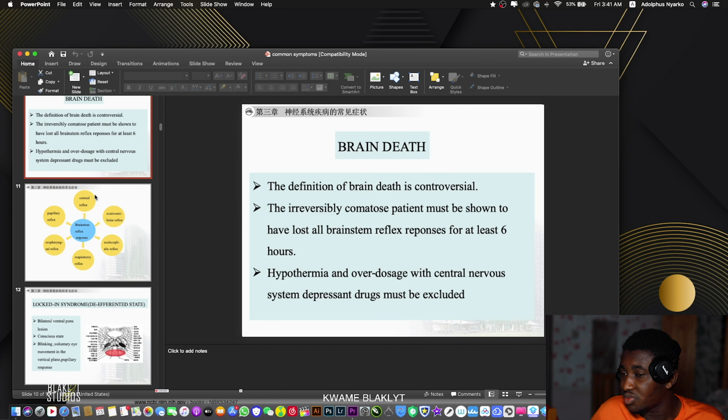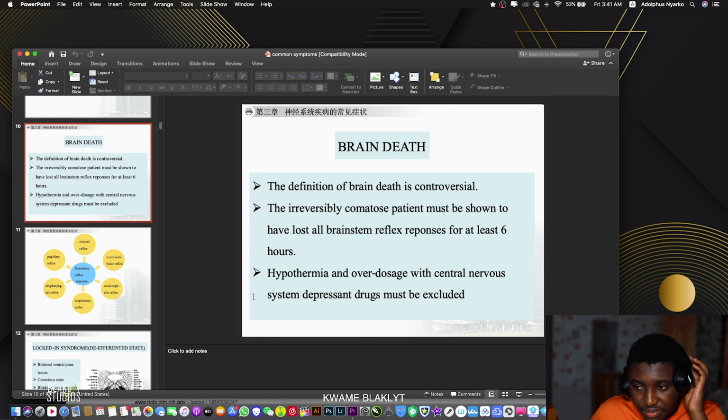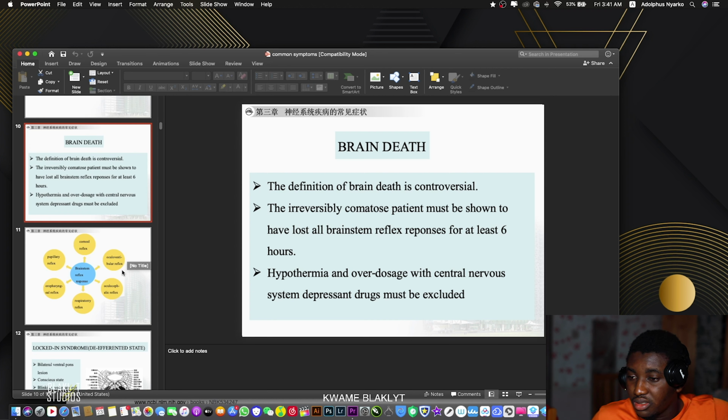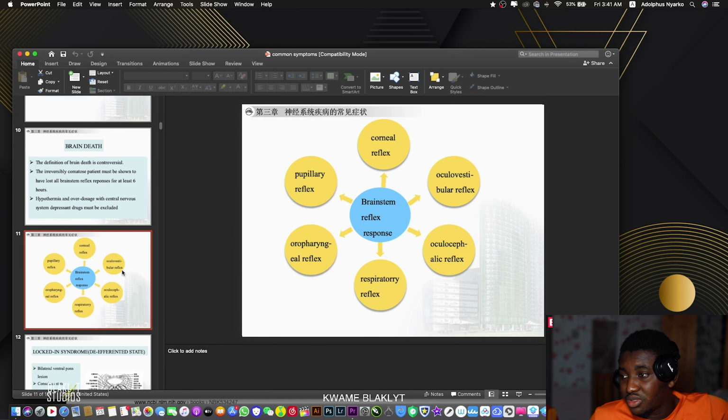And what we're saying is that if a person loses all these brainstem reflex responses for at least 6 hours, and we rule out hypothermia and overdose with CNS depressant drugs, then we have what we call brain death.